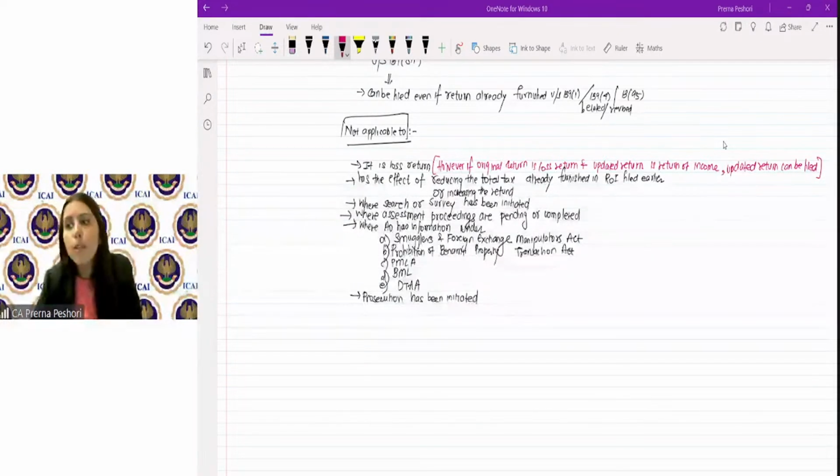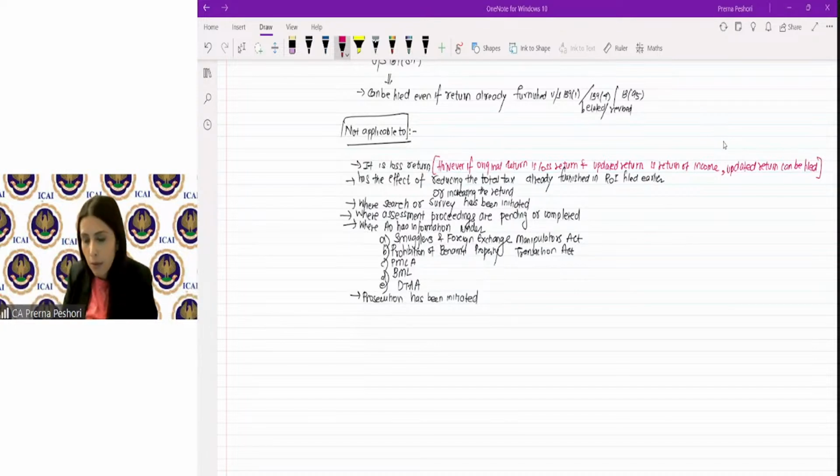Namrata, example of information under DTAA. Namrata, when you go to the international tax class, I'll explain that. But just to keep it brief at the moment, under the DTAA, the countries agree that they will share the information with each other regarding their residents. Let's say, for example, if I have certain assets outside India, the other country will share that information with India, that this resident has these many bank accounts and assets outside India.